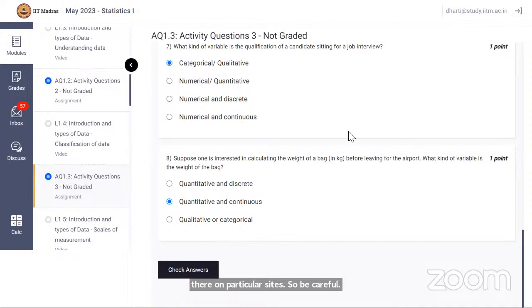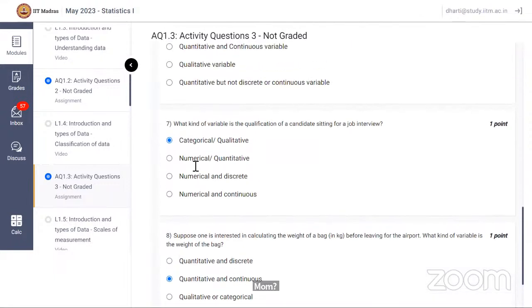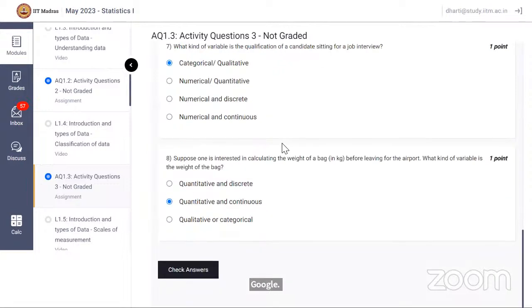Ma'am, that means this rule can be excluded in some cases. Which rule? Like Google says, structured data is quantitative and unstructured data is qualitative. See, structured data can be qualitative or quantitative.